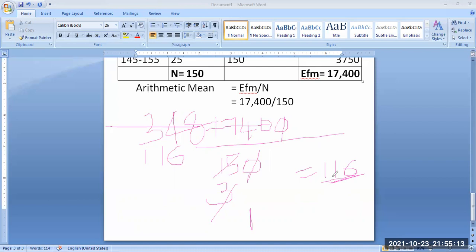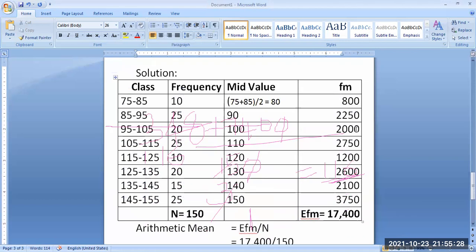Sir, am I mistaken? Sir, sigma Fm, I got 17,450, sir, not 400. Okay, let me cross check once. Yes, 50 is there. I made a mistake.